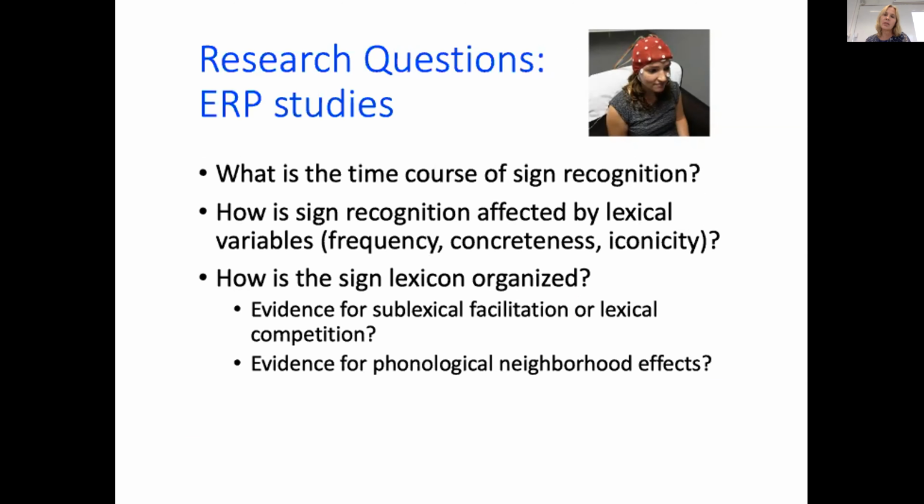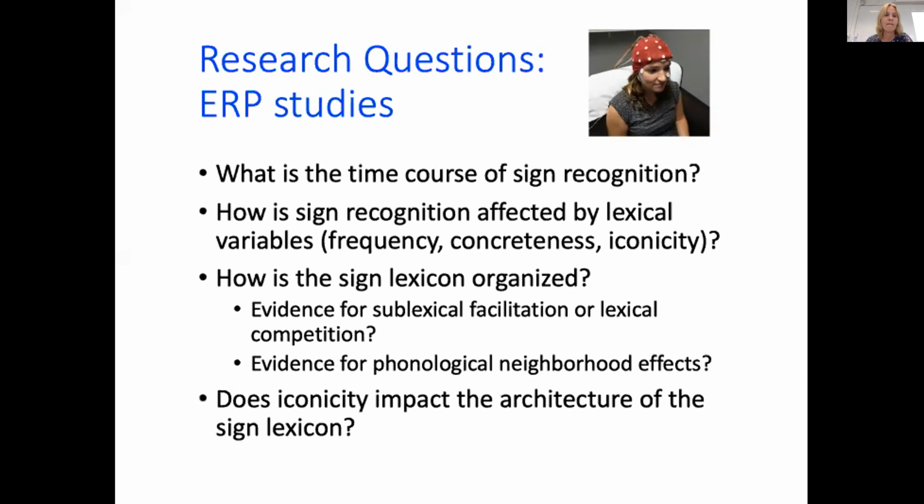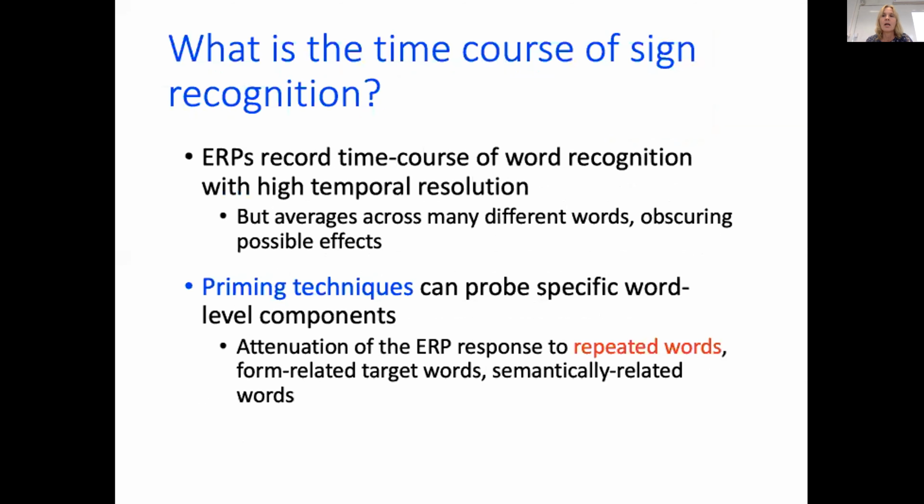And then I will look at an experiment on how the sign lexicon is organized, in particular looking for evidence of sublexical structure and lexical structure, as well as different types of processes that might occur at those levels. So looking at sublexical facilitation and lexical level competition based on phonological neighborhoods, for example. And then finally, this question about whether iconicity might impact the architecture of the sign lexicon.